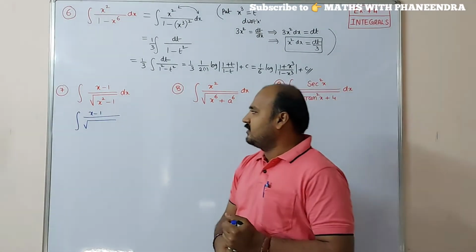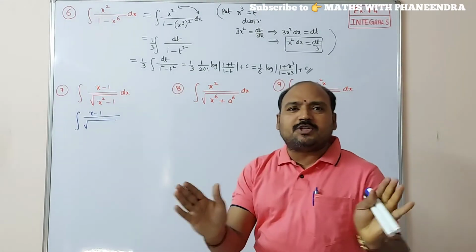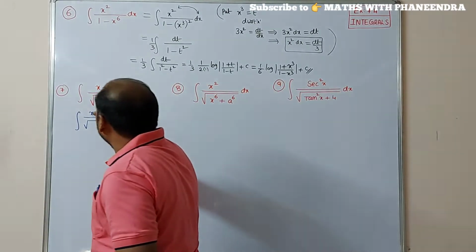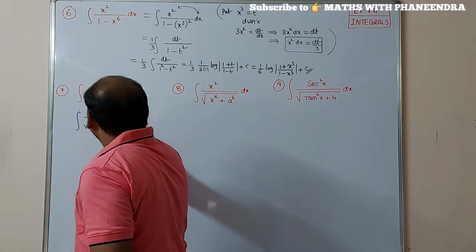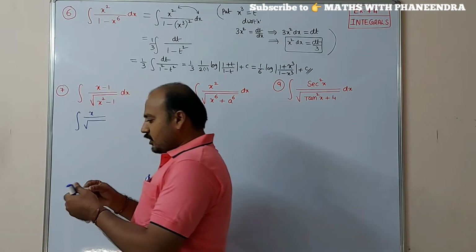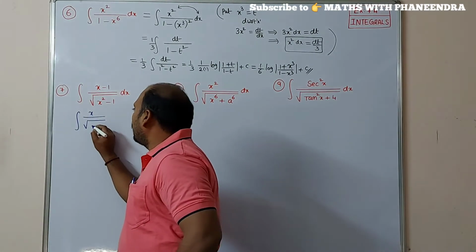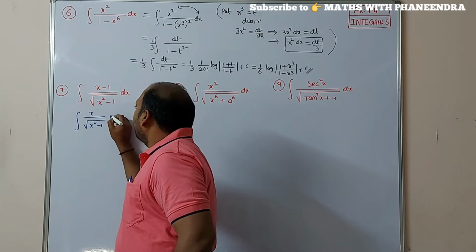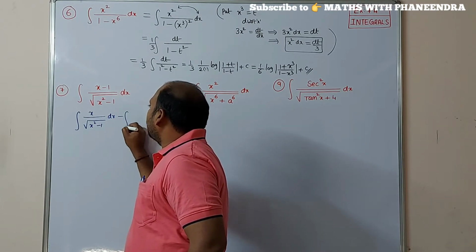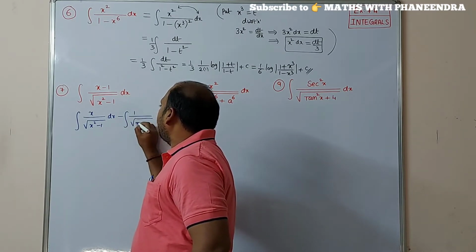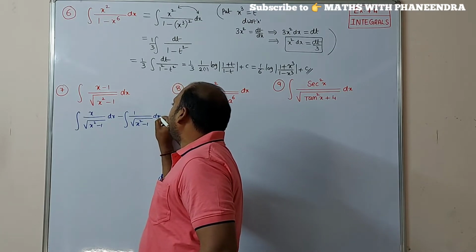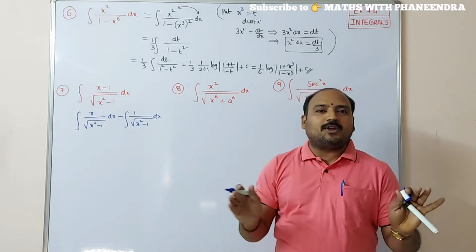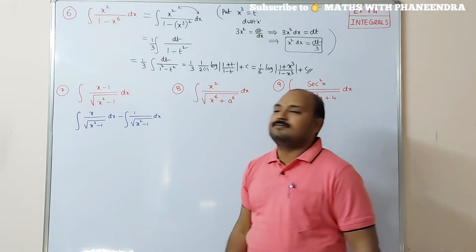Two methods are there. Better to split into two integrals. That is good. Integral x by under root of x square minus 1 into dx minus integral 1 by square root of x square minus 1 into dx. Split into two integrals.